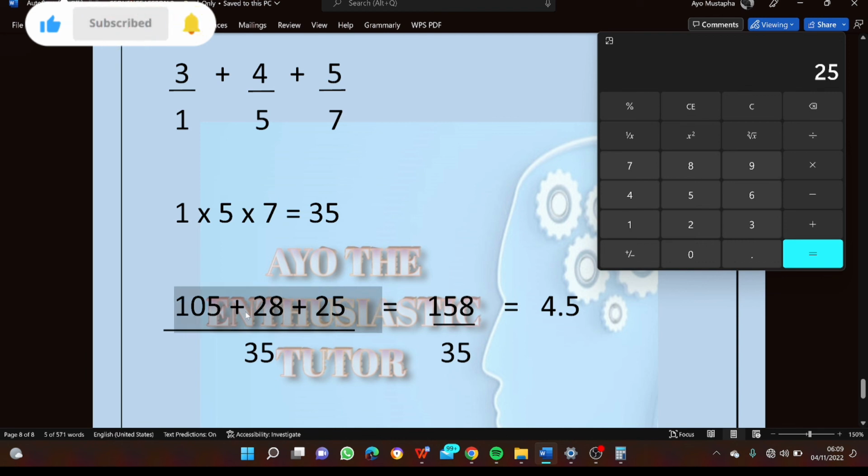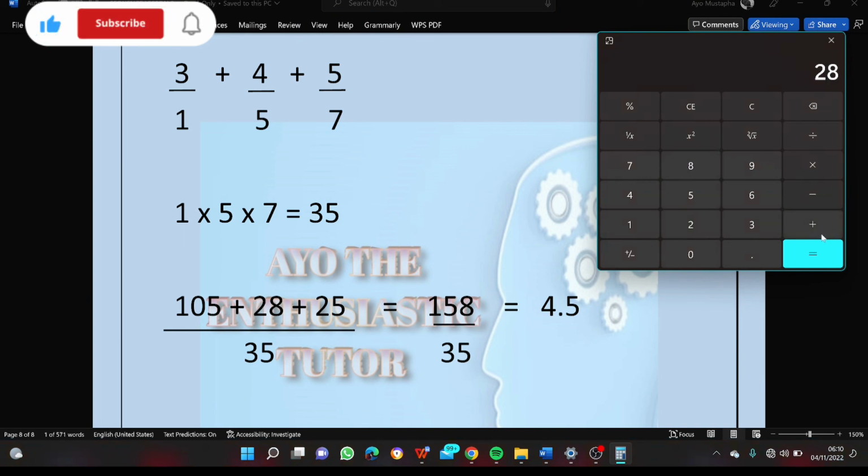So when we add all this together, 25 plus 28 plus 105 equals 158.